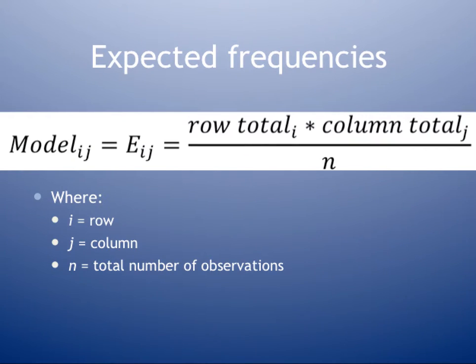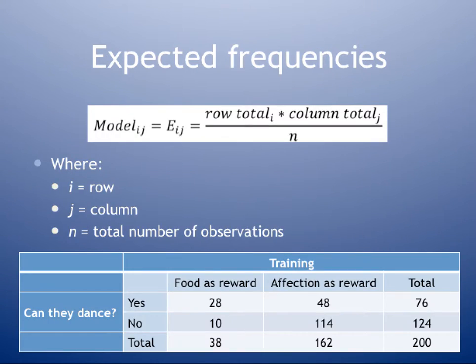So what is an expected frequency? Giving you another formula that might look scary, but it's really not. All it means is that the expected frequency for each cell is going to be the row total times the column total divided by the total number of observations in your experiment.